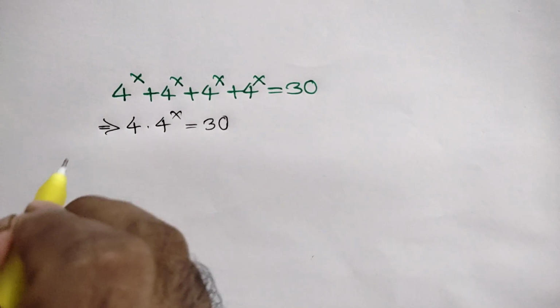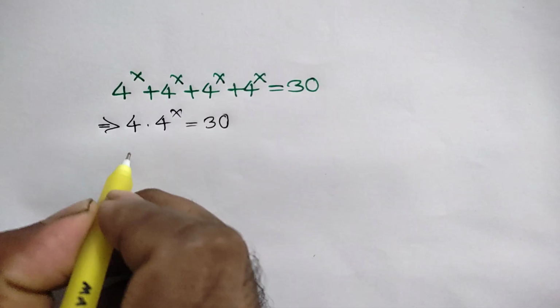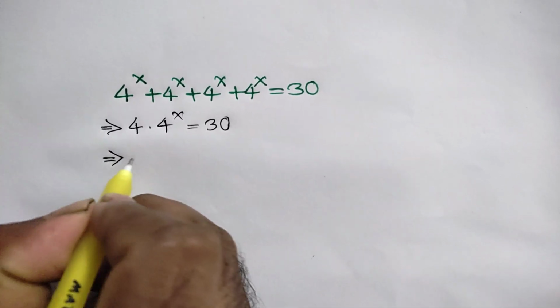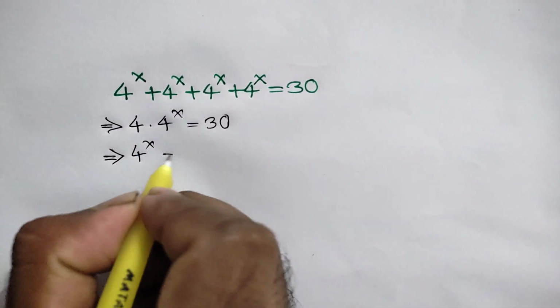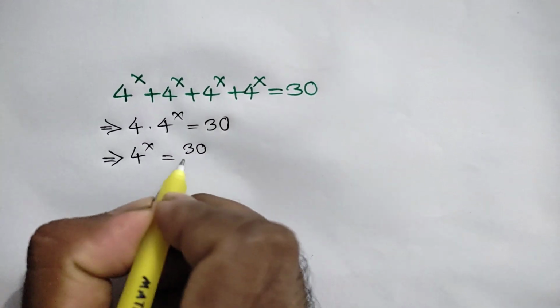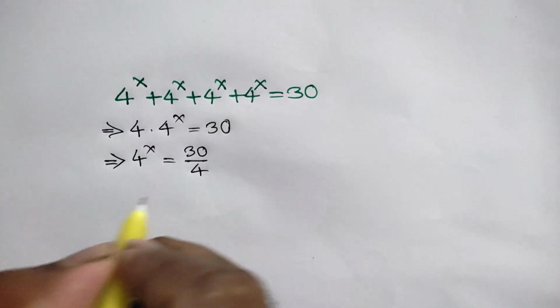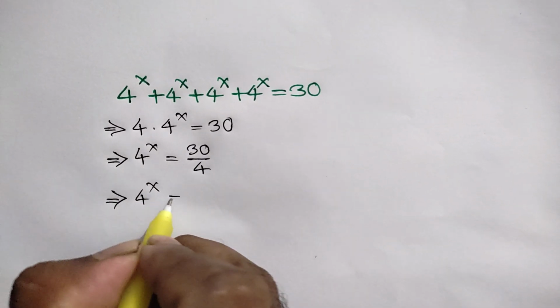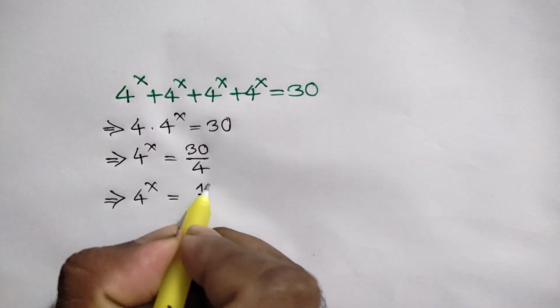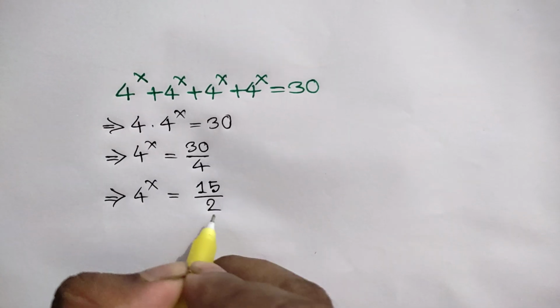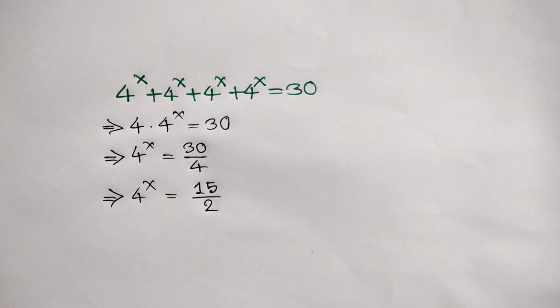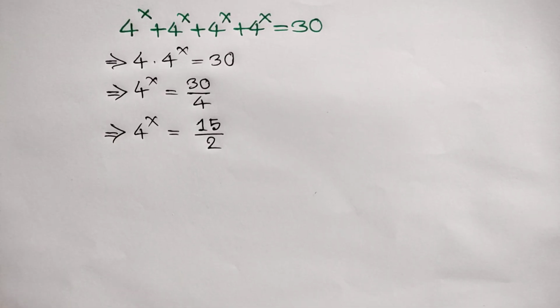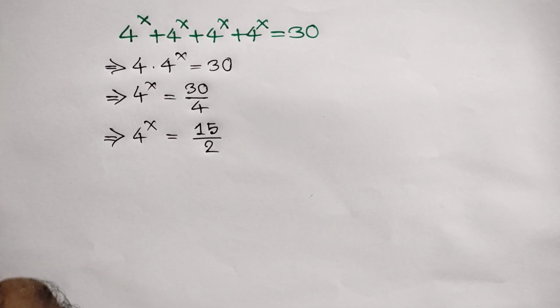Now divide both sides by 4. We get 4 to the power x is equal to 30 over 4, or 4 to the power x is equal to 15 over 2. Now we need to solve for the exponent.